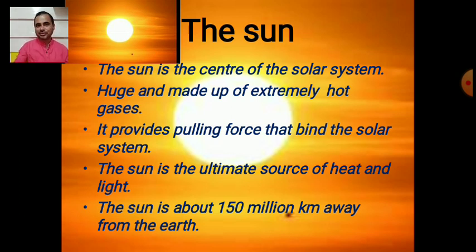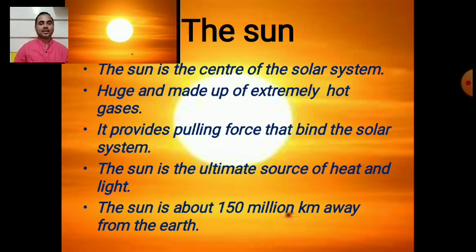It means whatever you see in the solar system, the Sun being the center point has a pulling force, and it pulls all the planets towards itself, and they keep floating around the Sun.